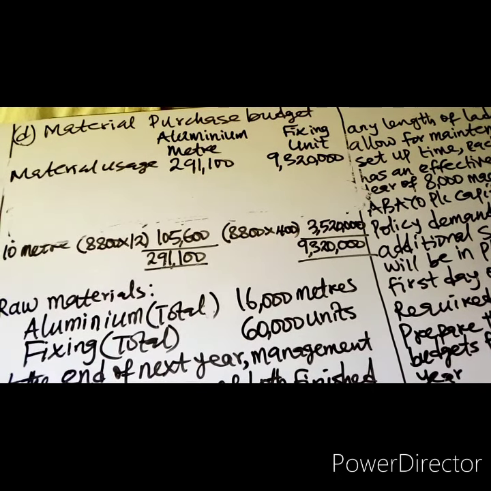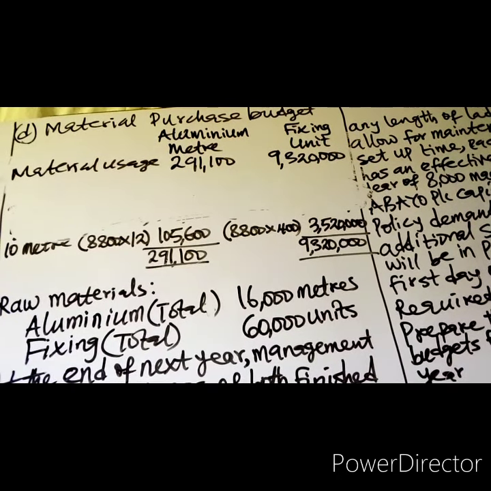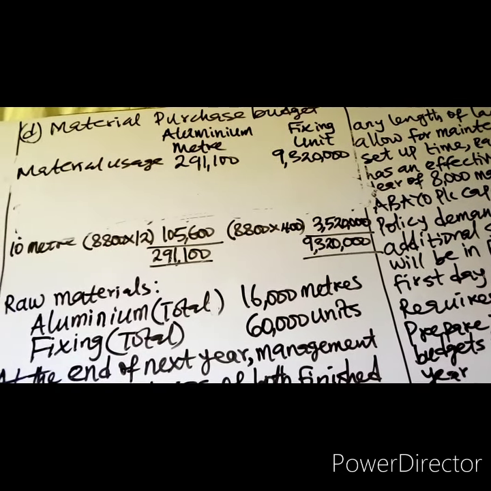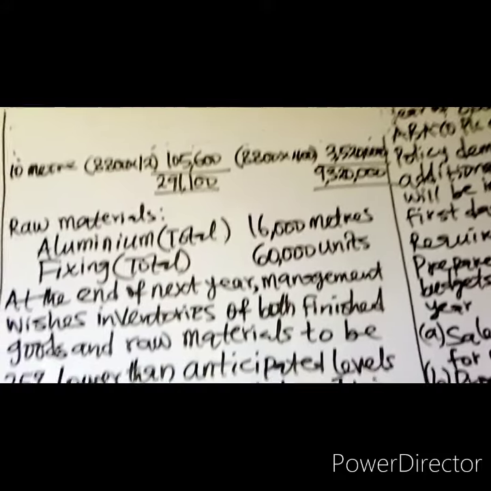Then I've told you that you should add the closing inventory. Now let's go back to the additional information note.